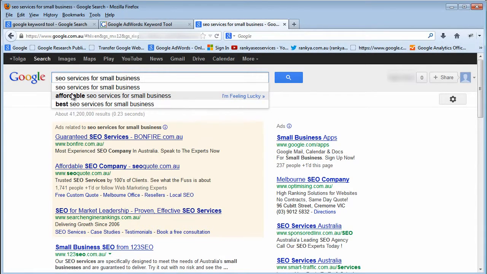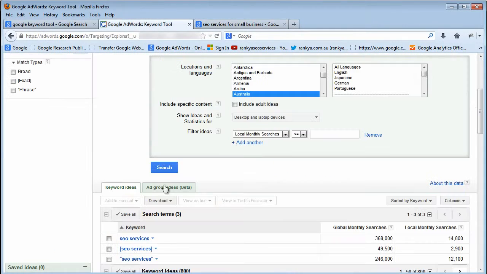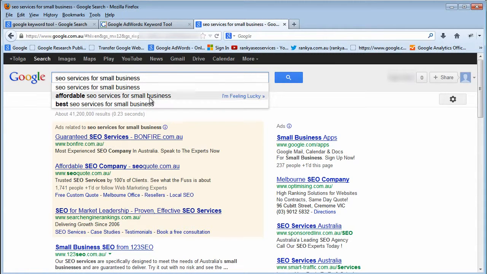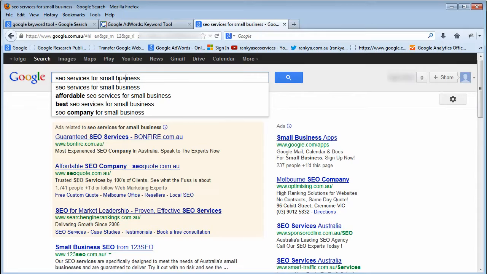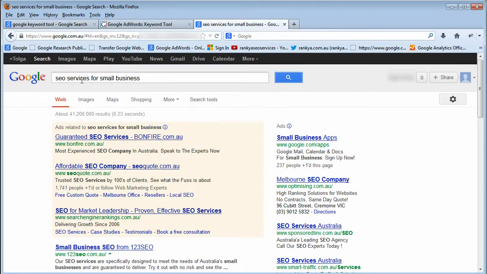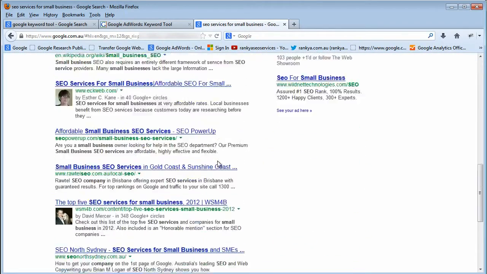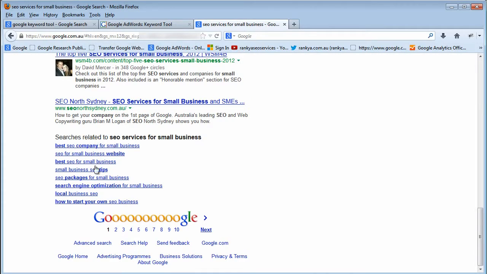Then you look at it, this is what you do after you choose the ones, like 10, 20, 30 that you want to rank in organic results. Then you go to the Google box and start typing that sort of research in the Google box as well. Let's say we search for that, then related searches become important as well.